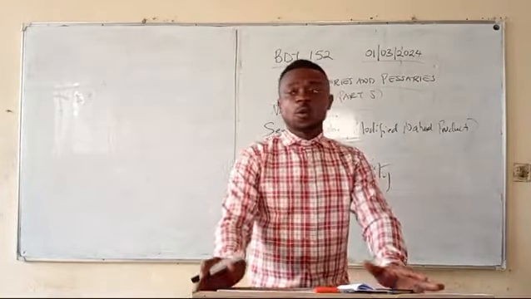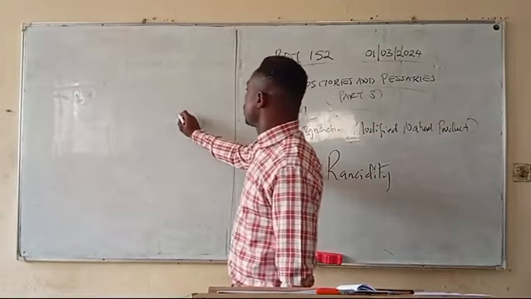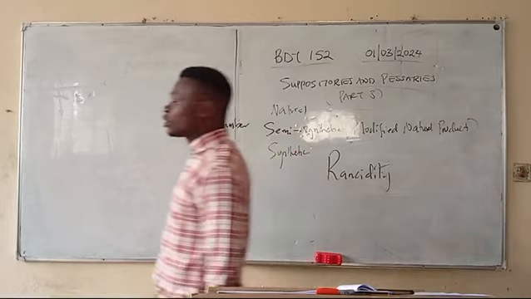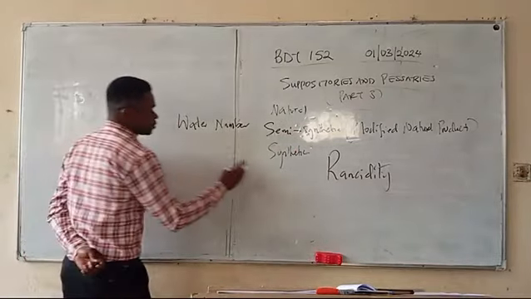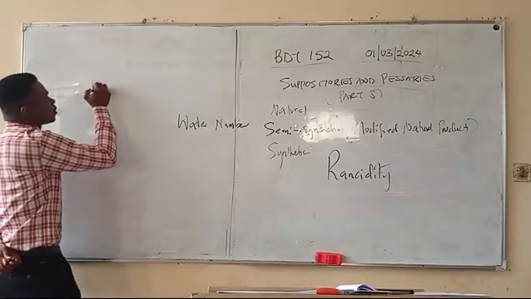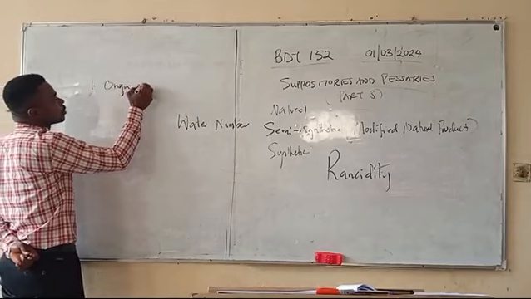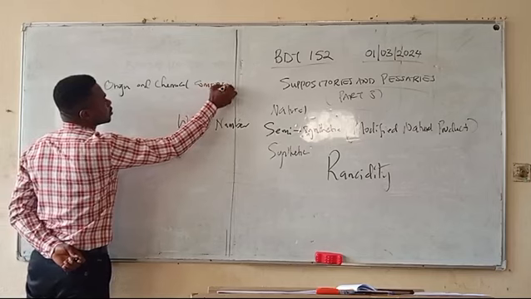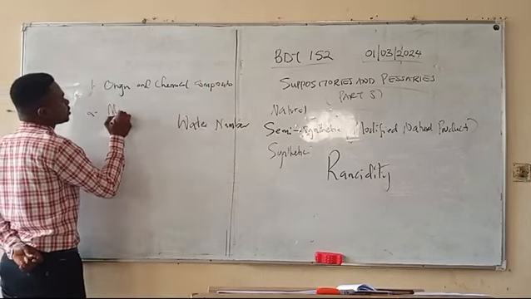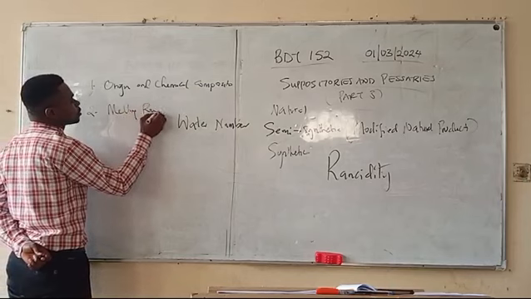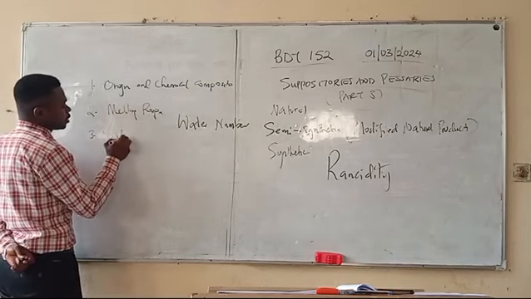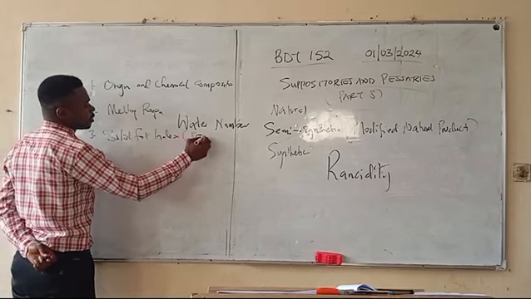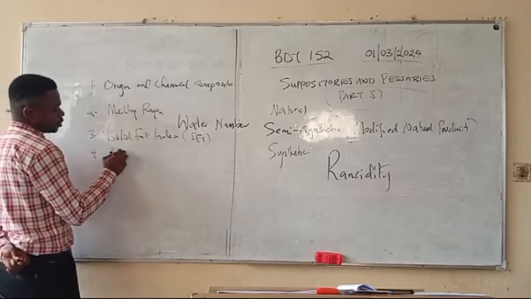So the next one I want us to look at is water number. How many have we discussed now? One is the original chemical composition. Next one is melting range, followed by solid fat index, SFI.